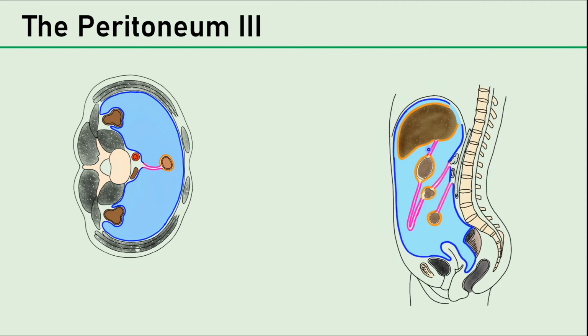So we have a mesentery here, which is formed between the liver and the stomach. So this is stomach, intestine. So this mesentery here would be called the lesser omentum. So this is this space here. And then we have another mesentery, which is formed between the stomach and the transverse colon. So the transverse intestine.